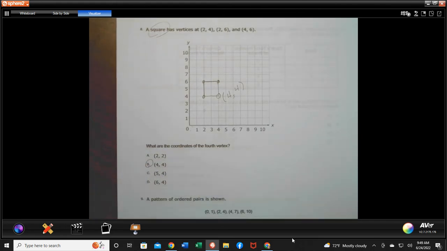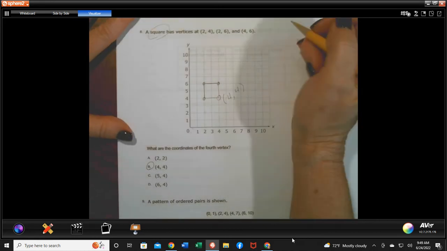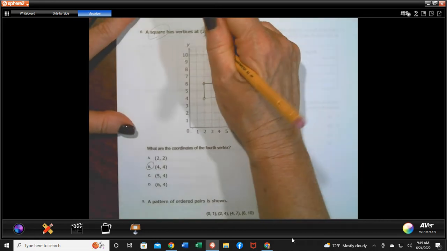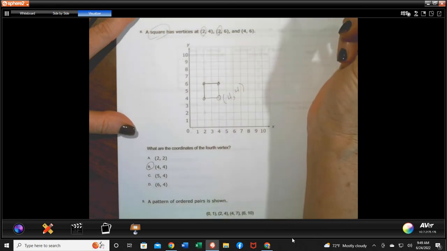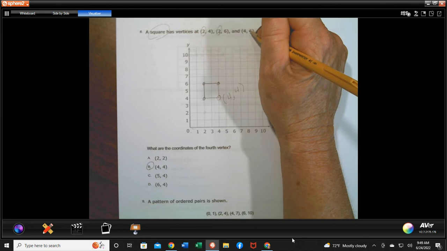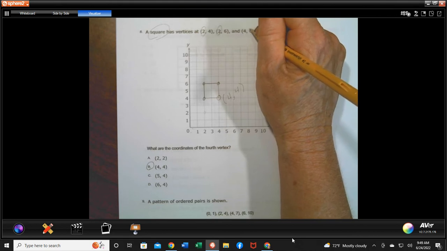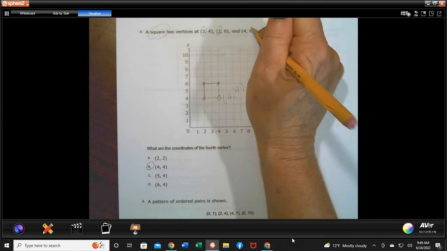All right. Some of you may have looked at the coordinates and known that if it was a square, then the 2 x values would be at the 2's, and the y values would be at the 4's.